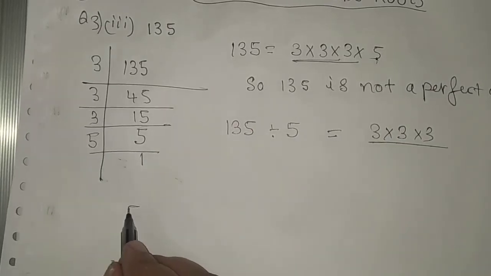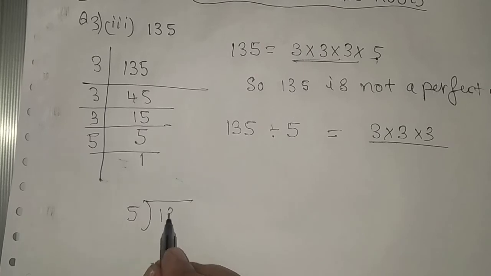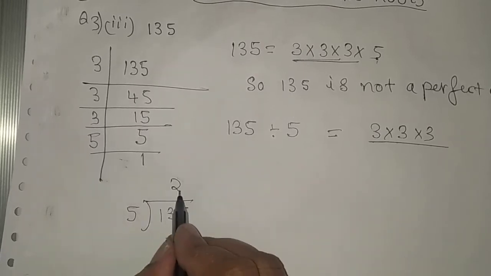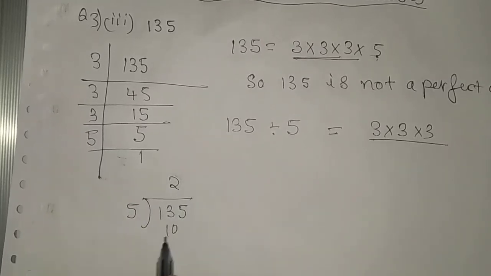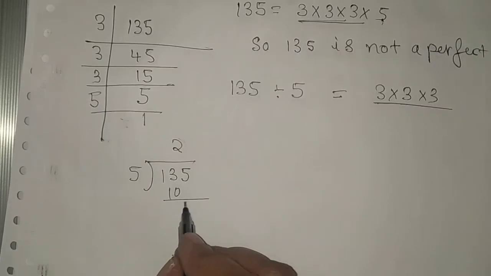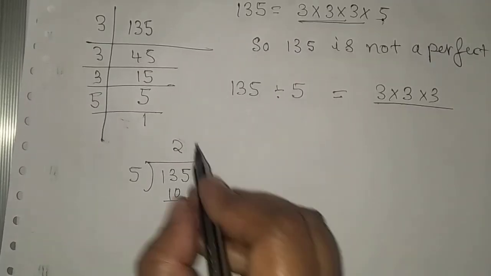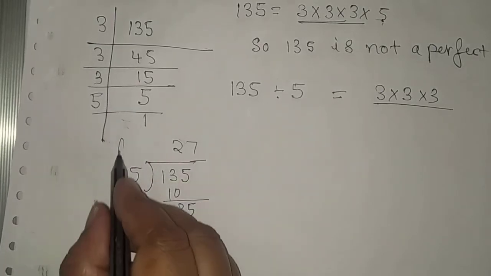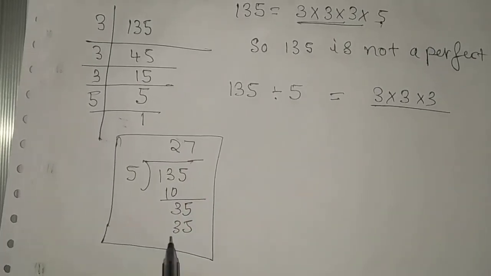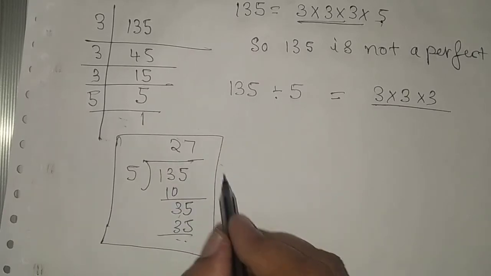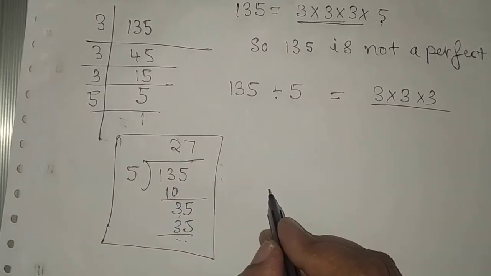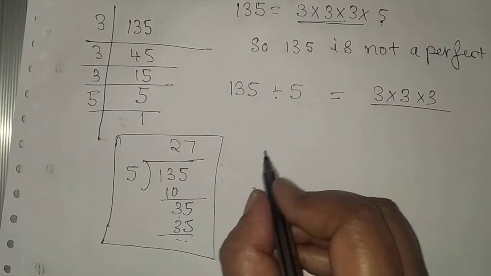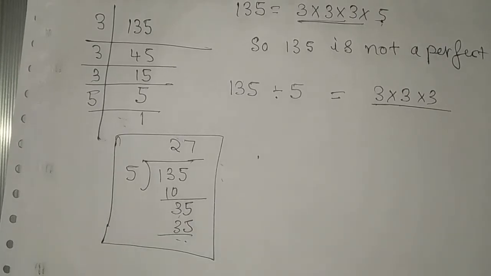See, 135 divided by 5: 5 twos are 10, 3 remains, then 5 sevens are 35. So remainder 0. After dividing by 5, 135 becomes a perfect cube.